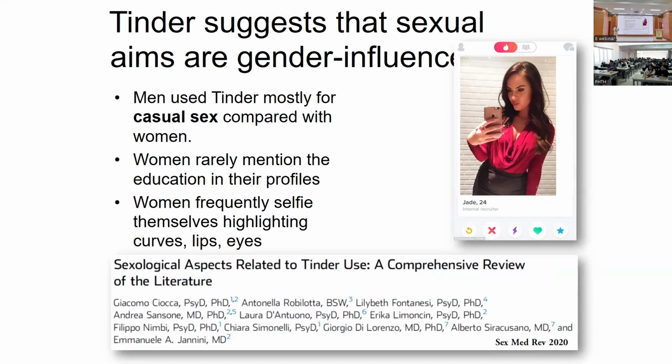Then there is another thing that we can say about female seduction. Of course, we went to Tinder again to see how she is describing herself.